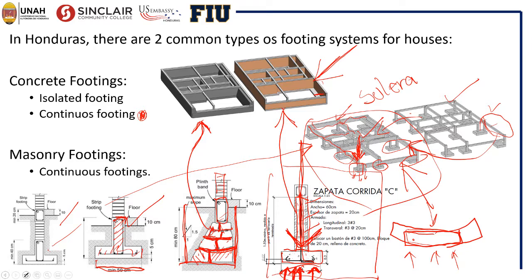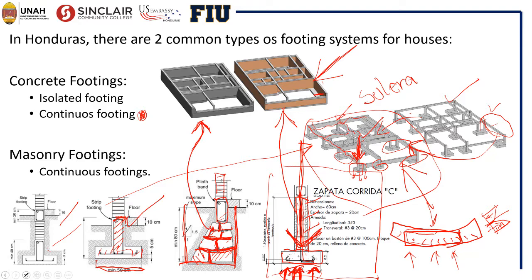When we cause some flexion in this pad in this way, compressive stresses are formed from the neutral axis to the top, and tension forces are formed from the neutral axis to the bottom. So this region is prone to have tension stresses.